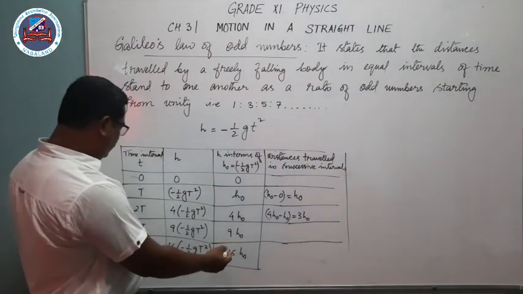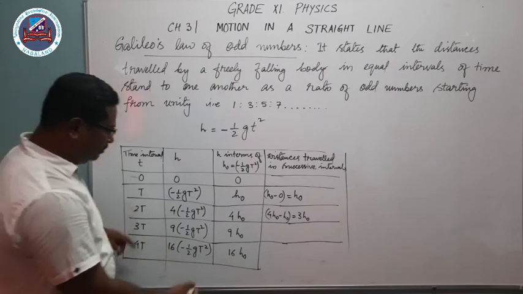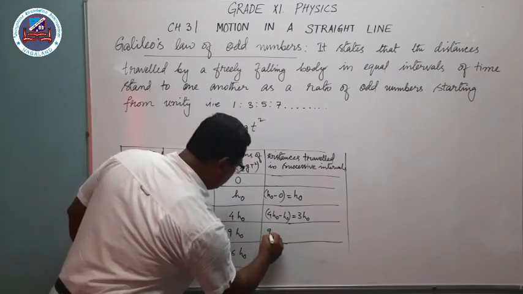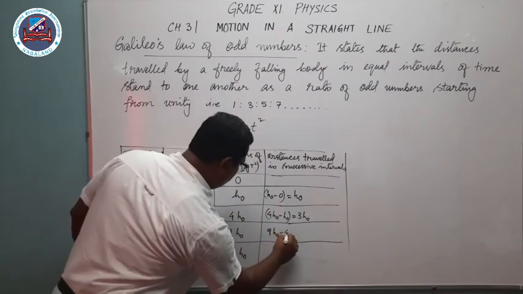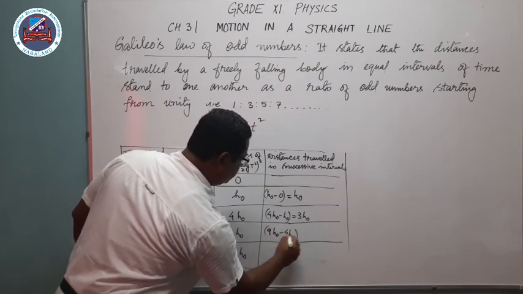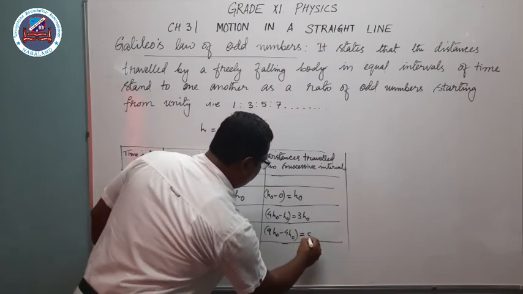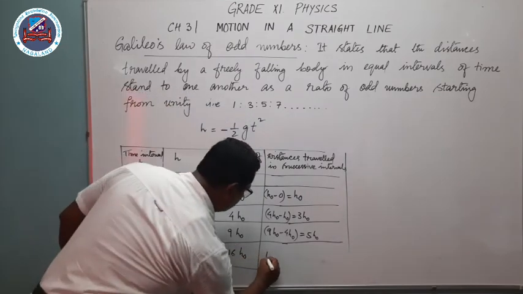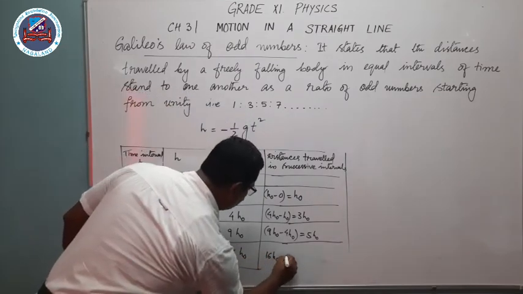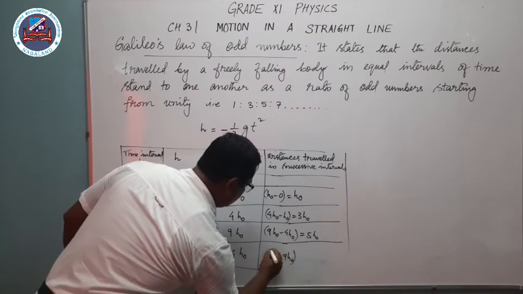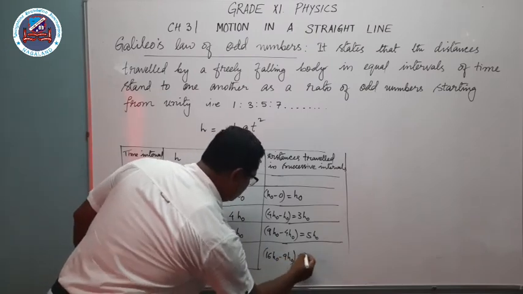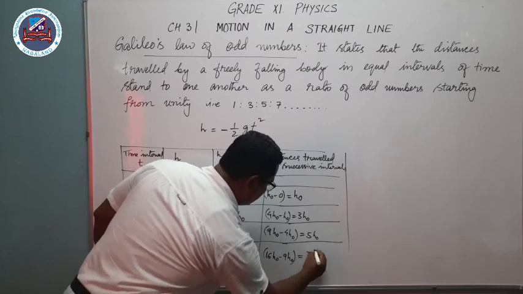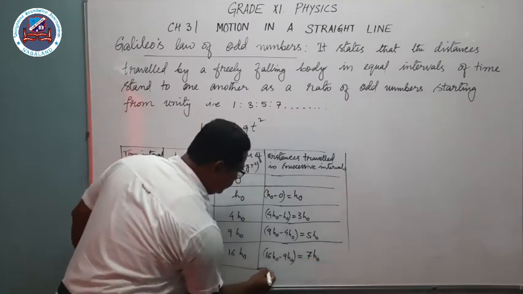For the successive interval 3t minus 2t, 9h naught minus 4h naught gives you 5h naught. And 16h naught minus 9h naught gives you 7h naught. Let it go on.